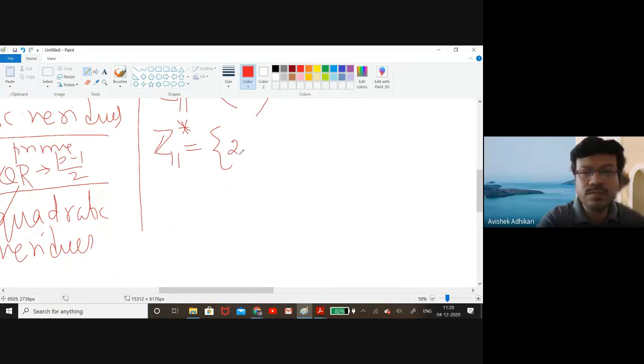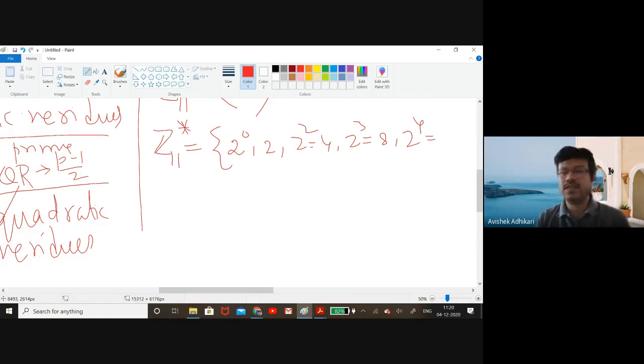because it's 2 to the power 0, 2, then 2 square means 4, then 2 cube means 8, then 2 to the power 4. What is that value, 2 to the power 4 in Z11? 5. Then 2 to the power 5 is how much? 10.